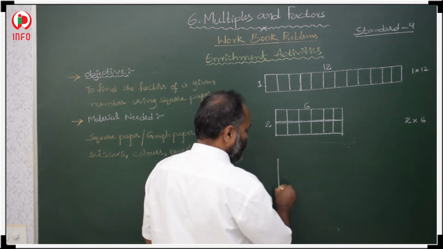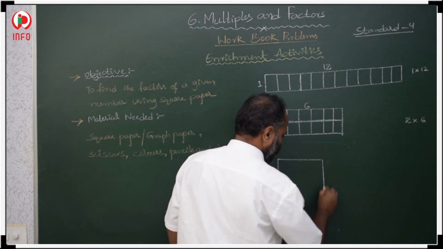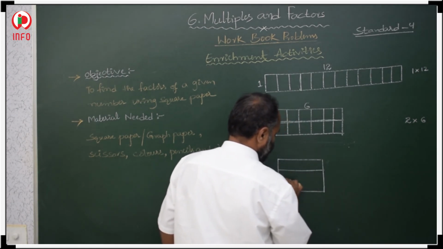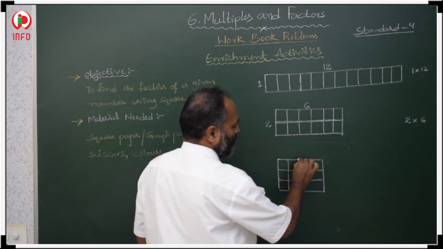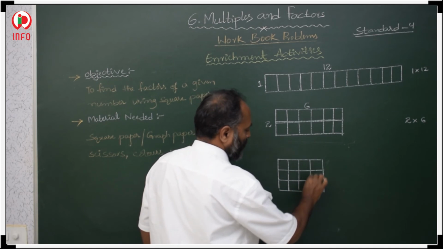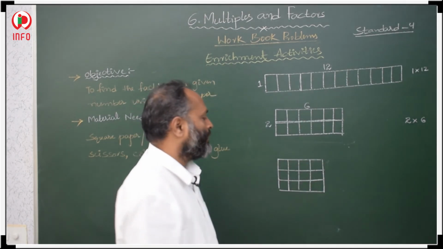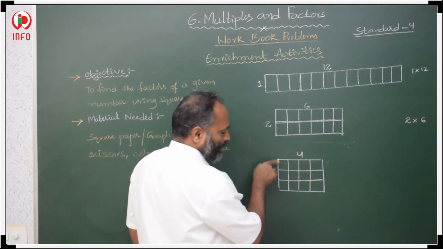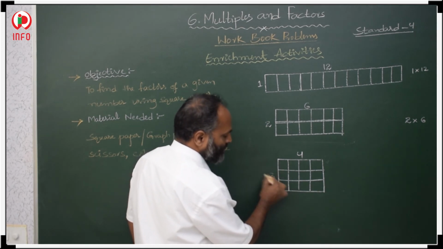In the third case, now we are going to take 3 rows. In each row, how many squares were there? 1, 2, 3, 4. In this column, how many squares were there? 1, 2, 3. 3 columns.